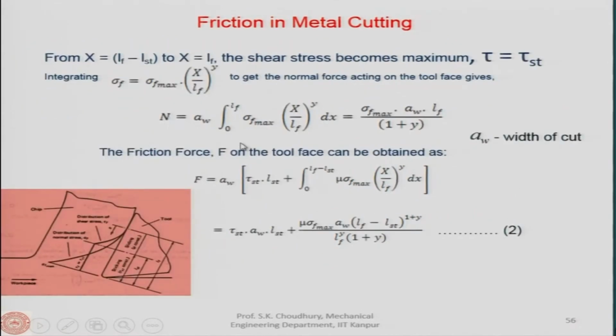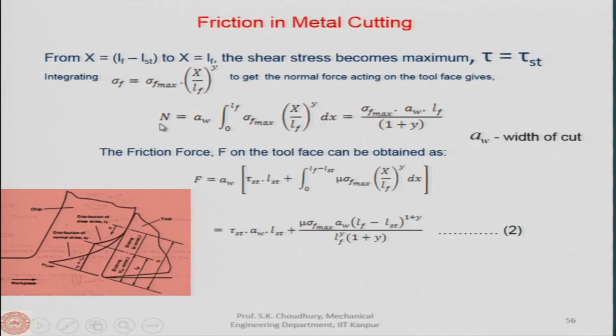Now, in another region, let us say I have repeated this drawing so that it is understood here. Now, x equal to LF minus LST up to x equal to LF. In this region, as I said, the shear stress becomes maximum, which is tau st. But the sigma f is sigma f max (x by LF), that we got here.